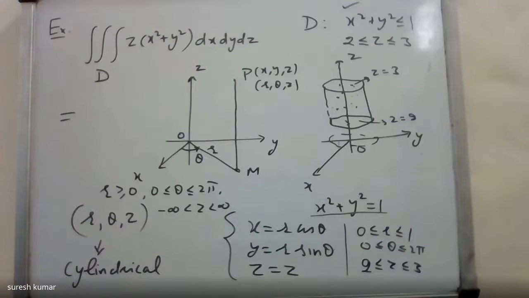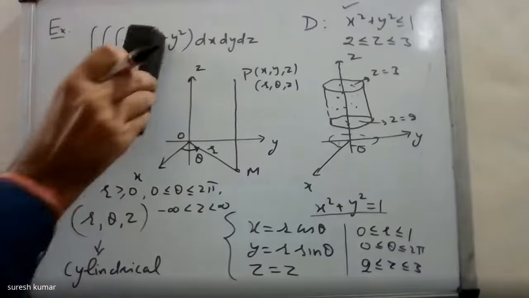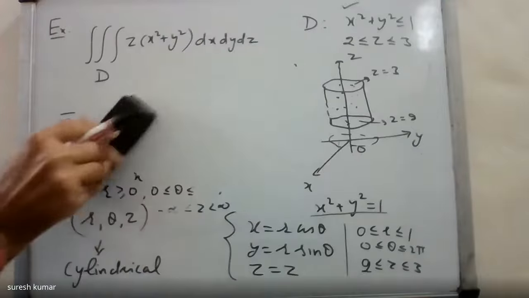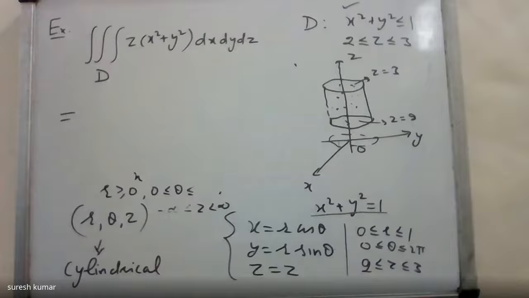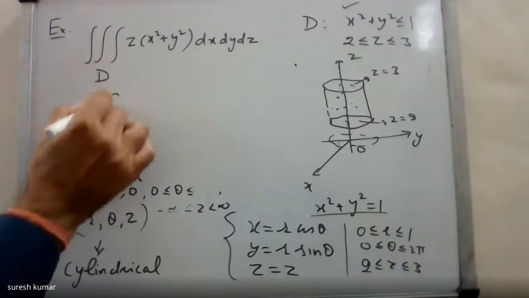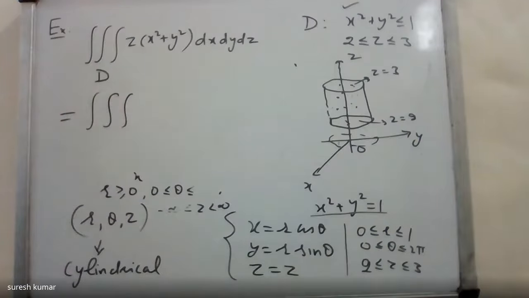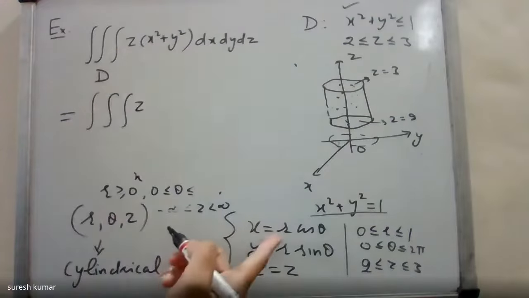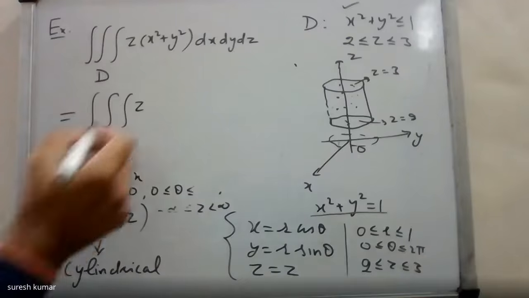So you can use cylindrical coordinates to solve this problem. So what can you write? This triple integral is equal to: z remains as it is, x you are putting r cos theta, y r sin theta. So what do you get? R square.